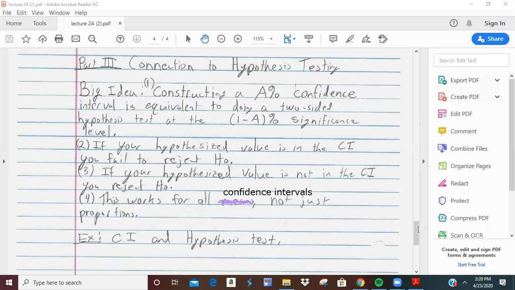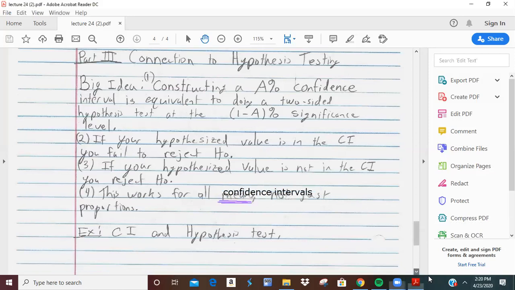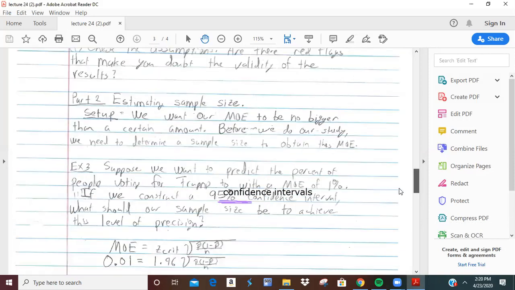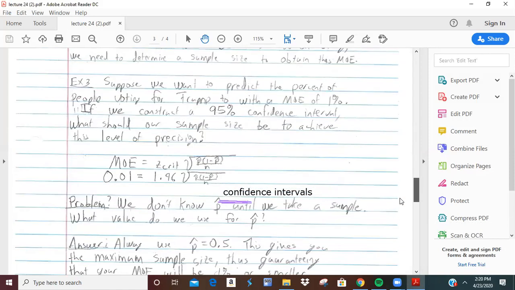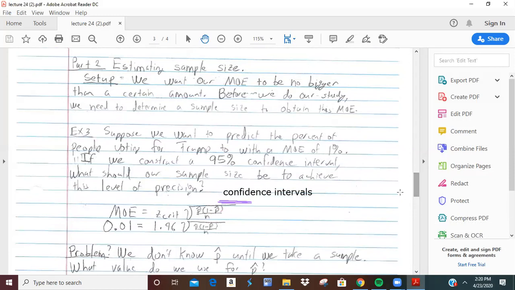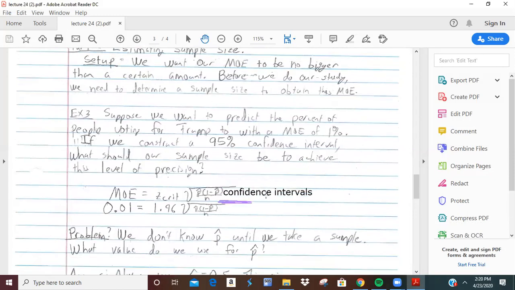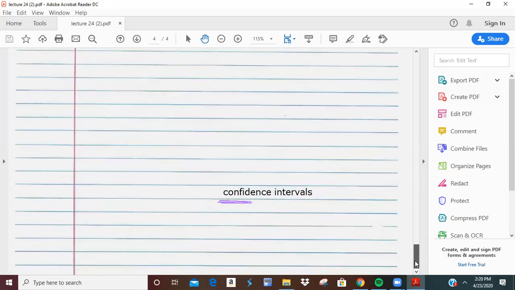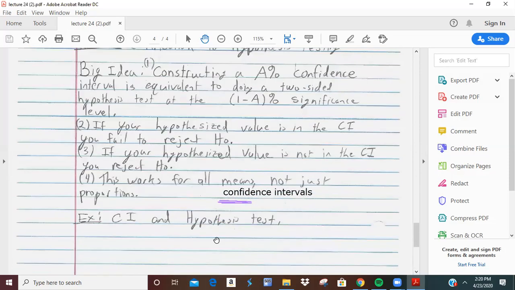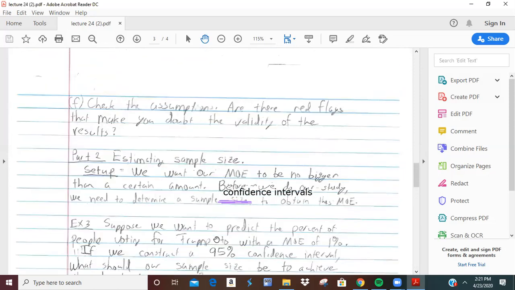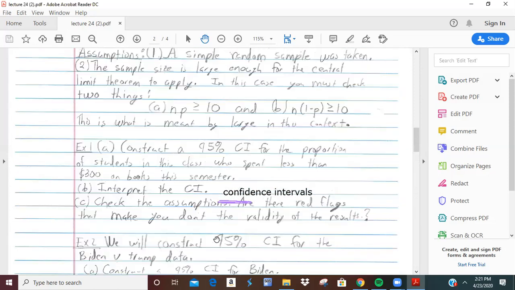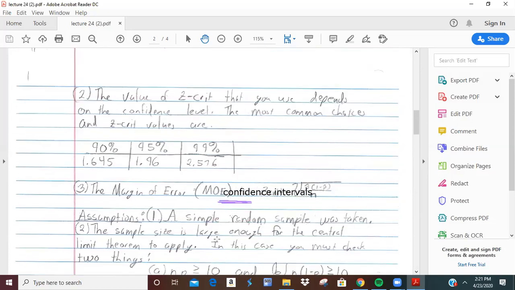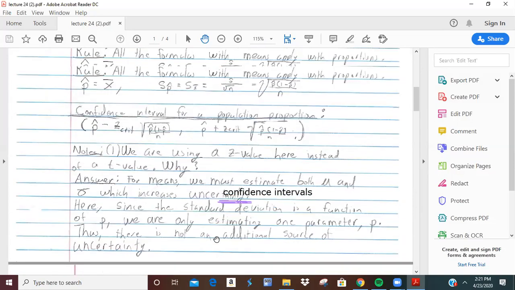So here's an example. We'll go back to, see, which one did we do? I feel like we did one yesterday about the proportion of people who spend more than $500 or less than $300 on books.